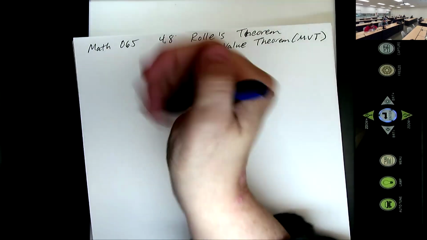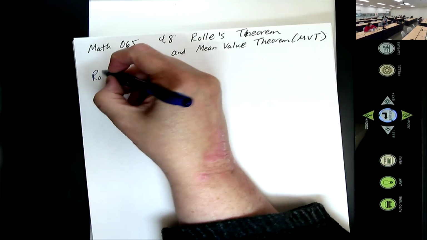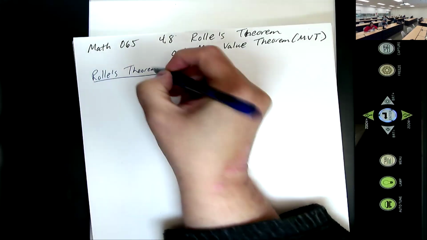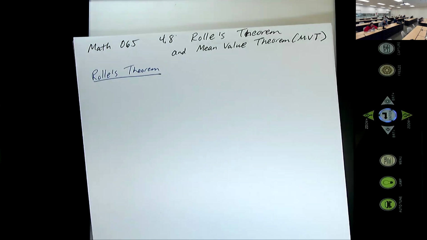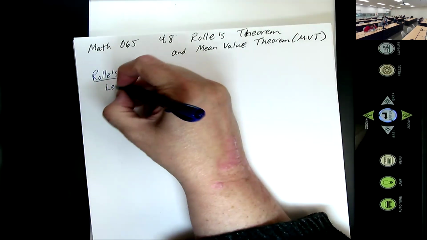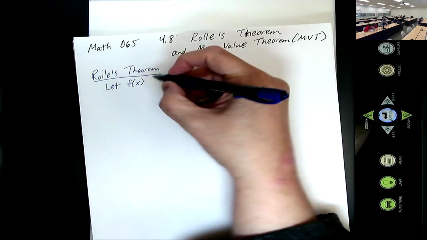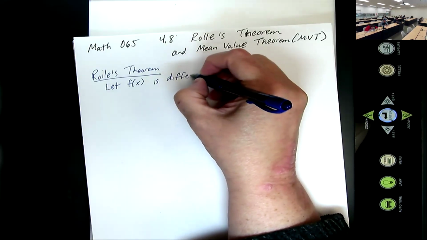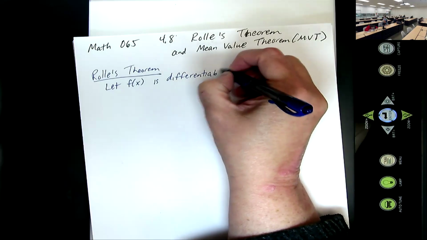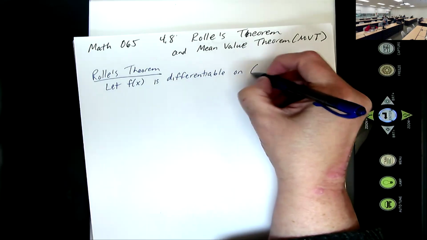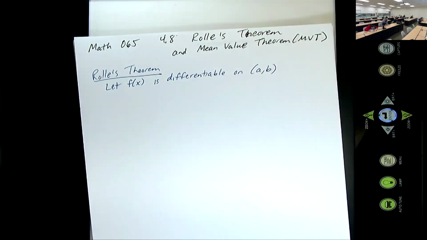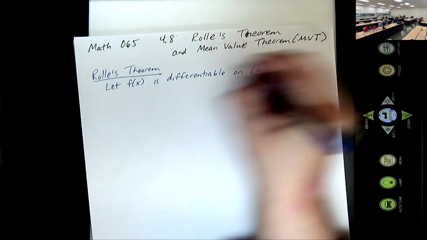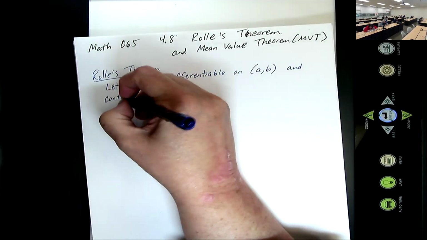So what is Rolle's theorem? How does it work? We're going to require, we're going to say f of x is differentiable on the open interval AB and continuous on the closed interval AB.